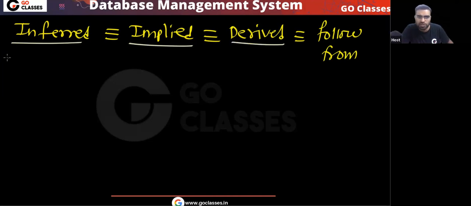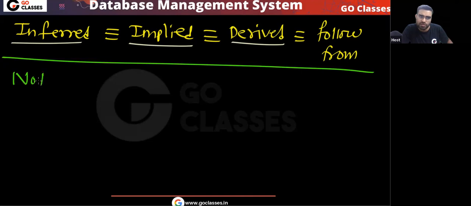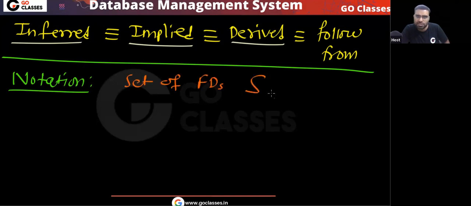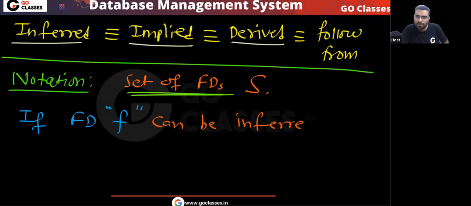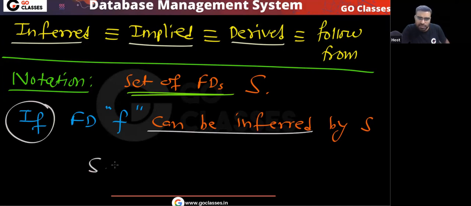Now, let me tell you one more thing, that is notation. Let's assume this set of FDs given to you is S. If I give you some FD, let's call it F, and FD F can be inferred by S, then this is the symbol we will use.